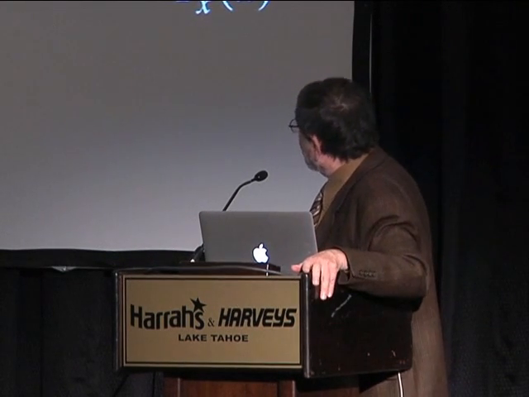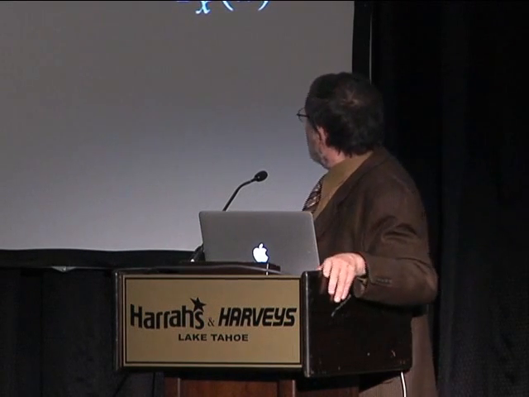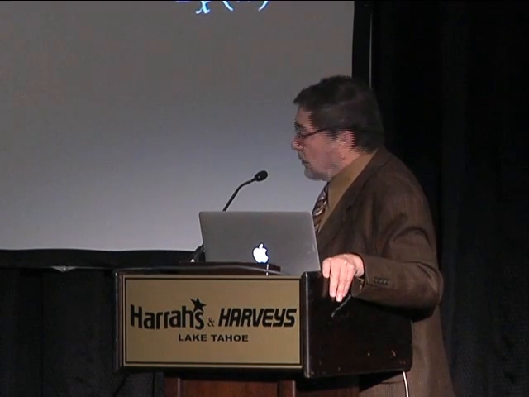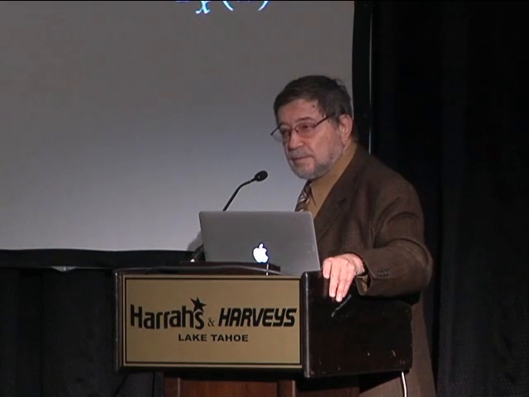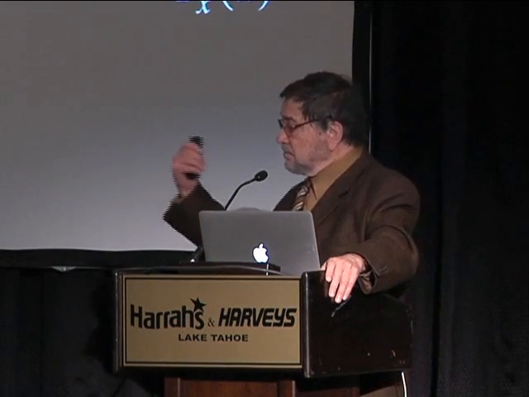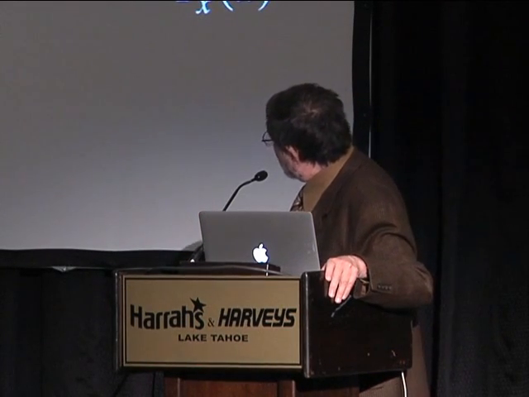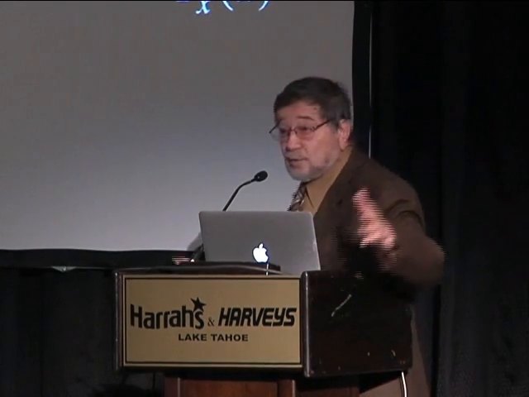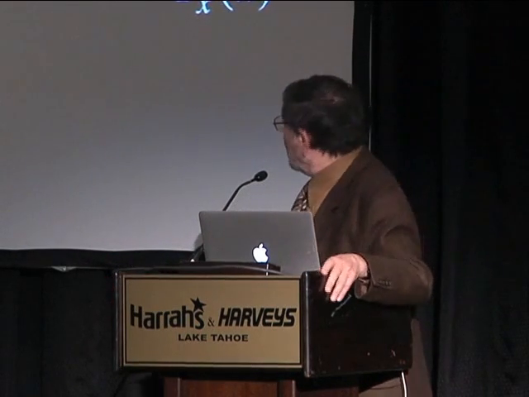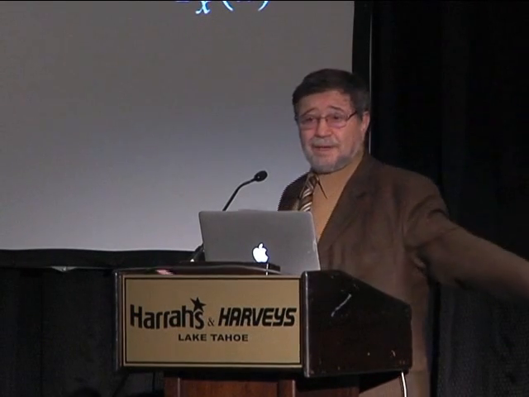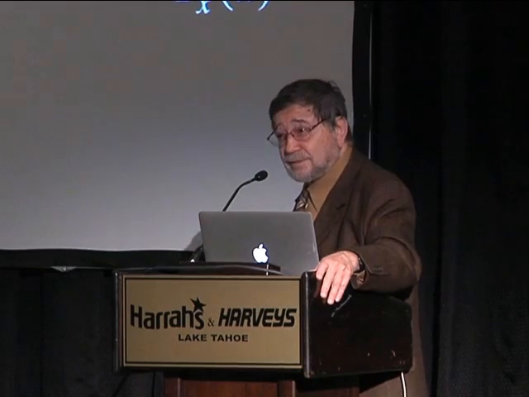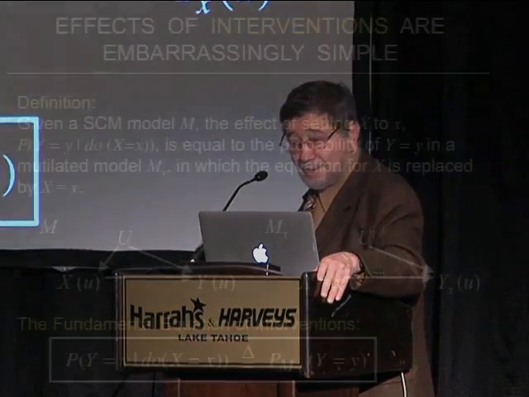Go to your model, intervene, namely overrule the current influences on x, overrule them under the power of your muscle because you're going to do something, and force x to get the value x. You have a new model with a missing arrow, easier to solve. Find the probability of y in this model, you got it made. This is the answer to the intervention. Easy, right? Good. We are making progress.